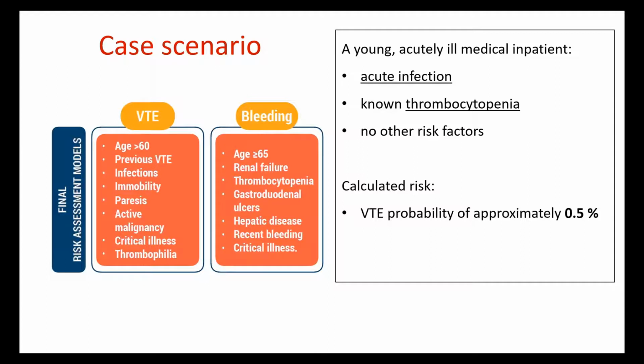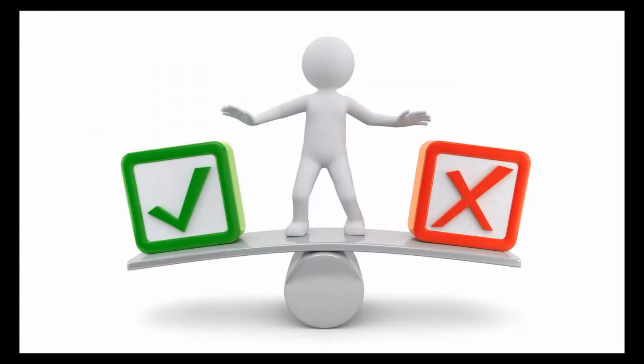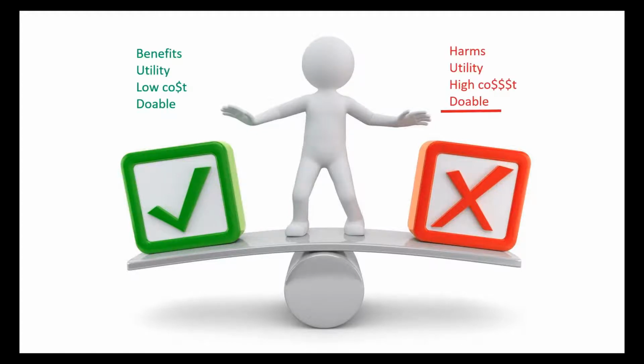These benefits and harms are typically identified not only on the basis of the actual health benefits, but also by how important these potential health benefits are, what it means in terms of cost, whether or not an intervention is doable.